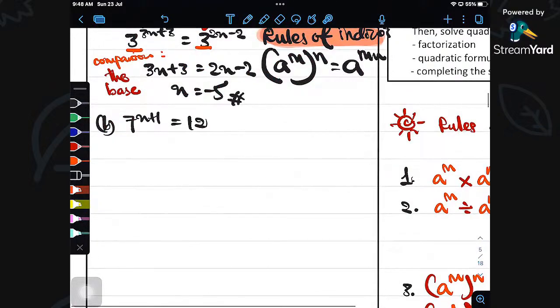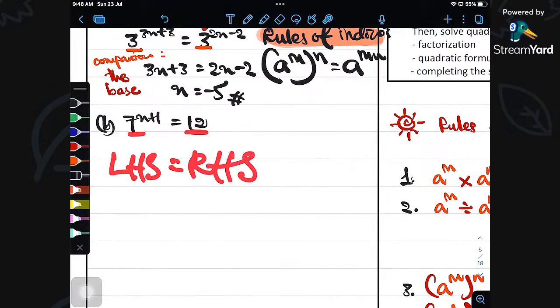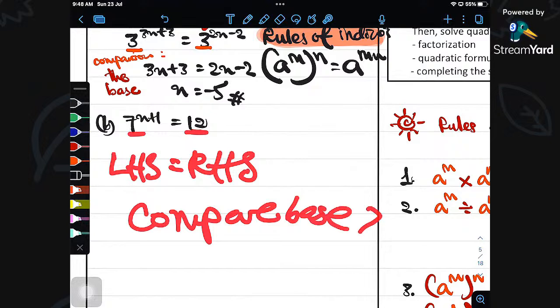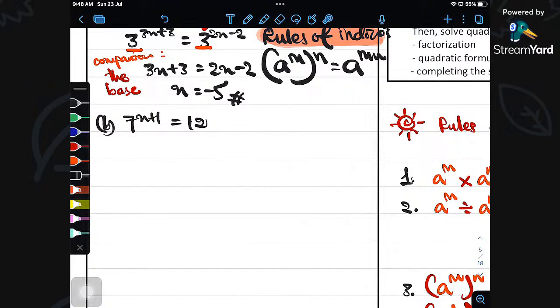Next part is question B. So question B here, alamak, nombor dua-dua ni ya. Sebelum kita jawab, kita fikir dulu, adakah left hand side equal to right hand side here? Boleh aku compare base? Boleh tak? Kalau boleh, boleh teruskan.